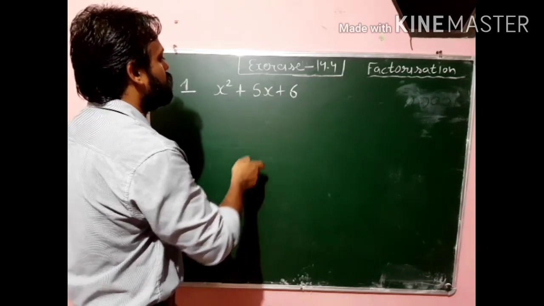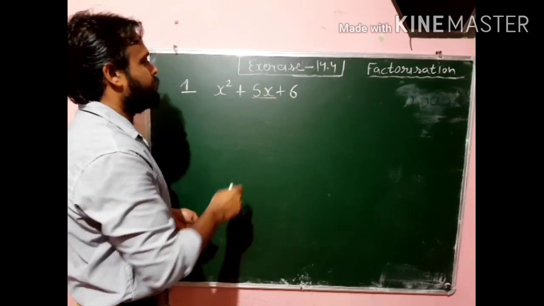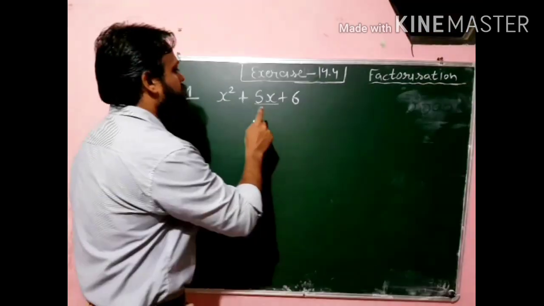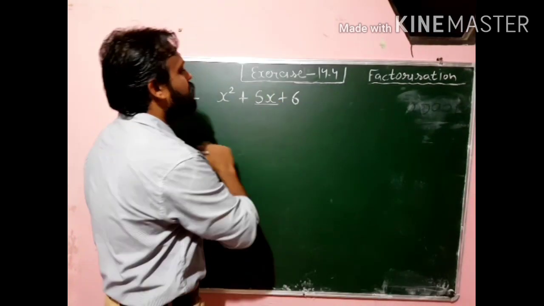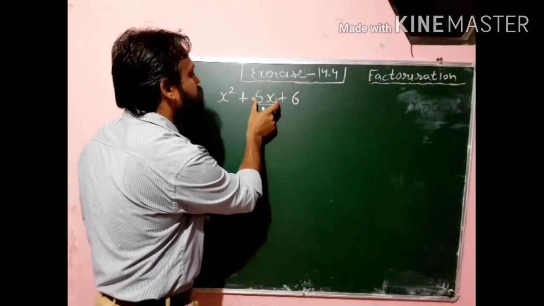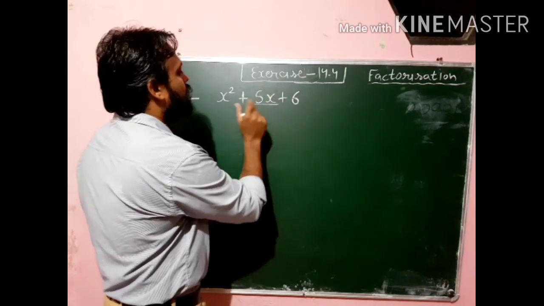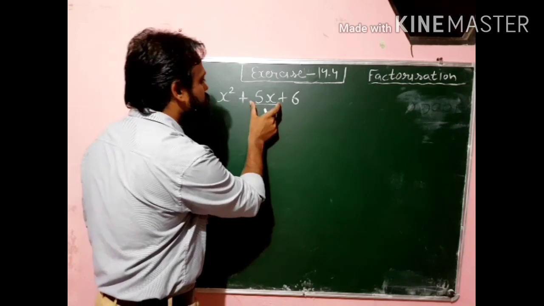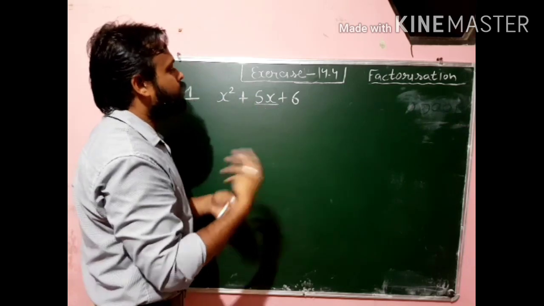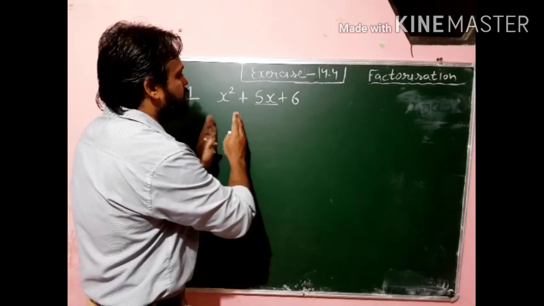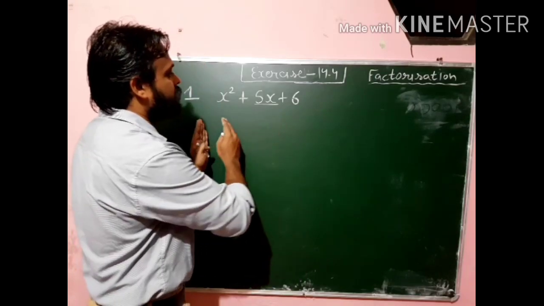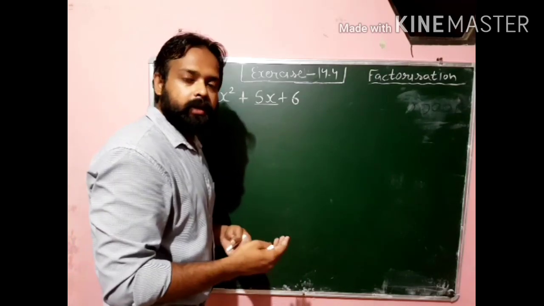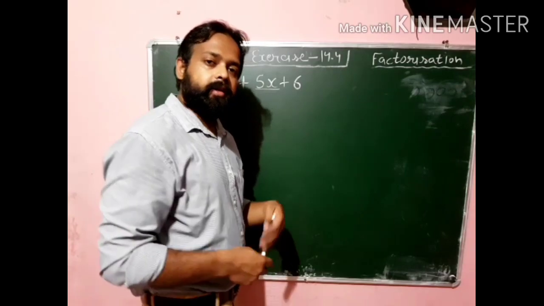How? We have to split the term whose variable power is 1, only this much we have to split. Here is 5x, so we have to split this 5x into 2 terms, and then the number of terms becomes 4. Then the number of terms is an even number, and we can apply factorization by grouping.